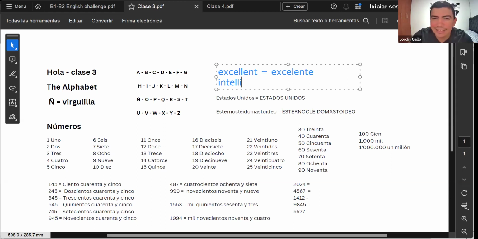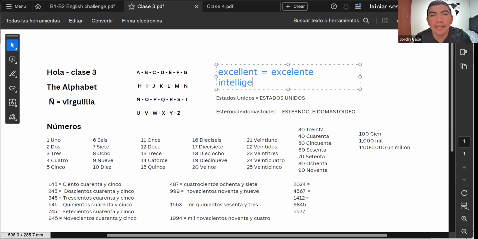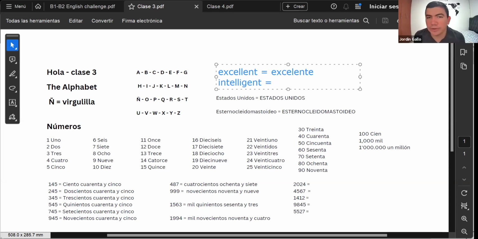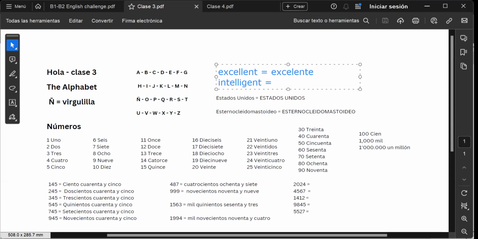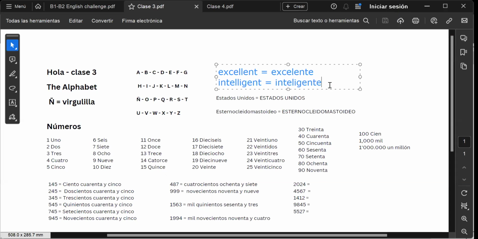E, A, N, T. Good. Do you know the word in Spanish? Inteligente. Inteligente. Exactly. Muy bien. Who's the next?